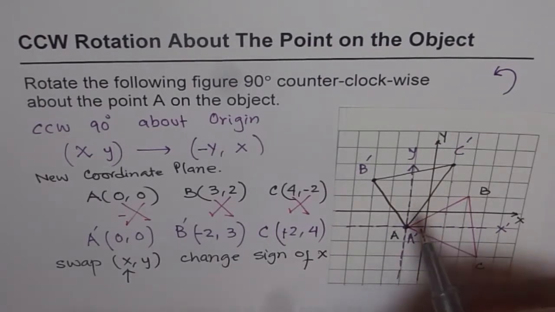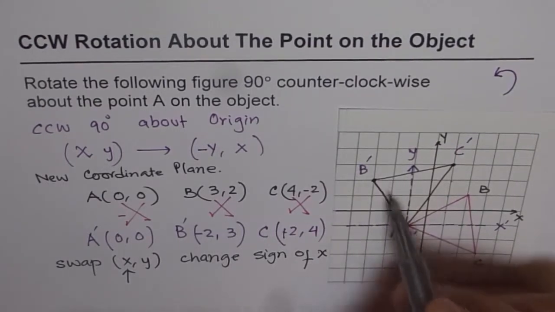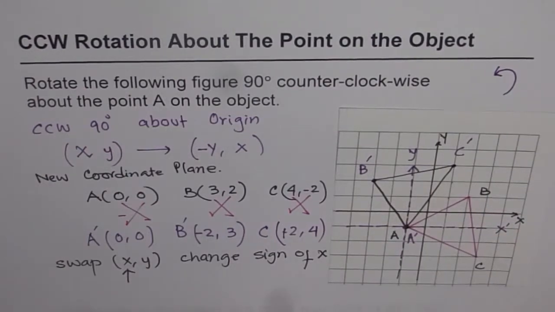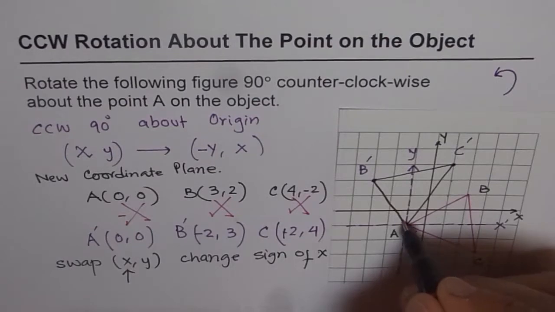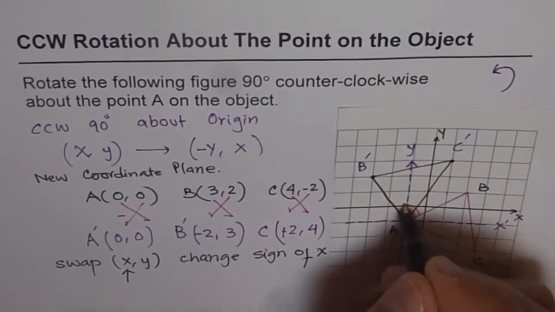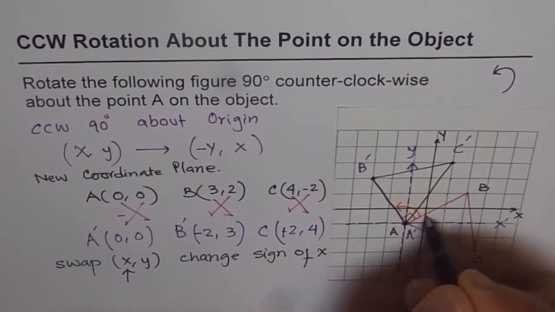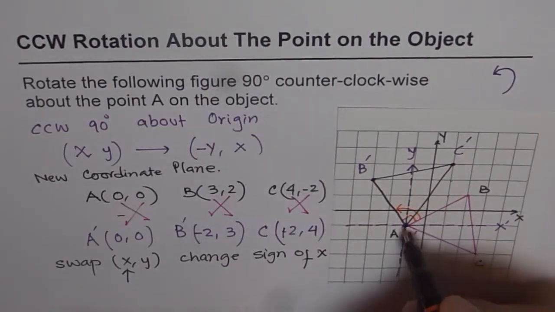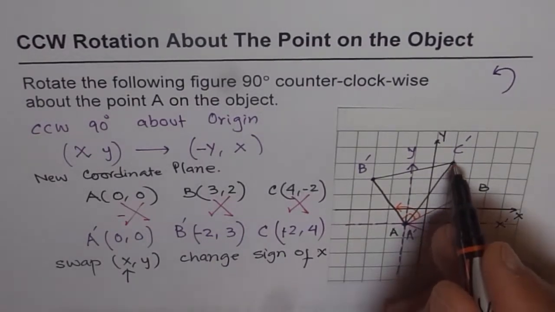Let's check. If you see AB and A dash B dash, you'll notice they are at right angles, right? AB and A dash B dash are at right angles, and that too counterclockwise, right? So we moved 90 degrees counterclockwise. That is what we wanted, and that's what we have achieved. Similarly, AC and A dash C dash, right?